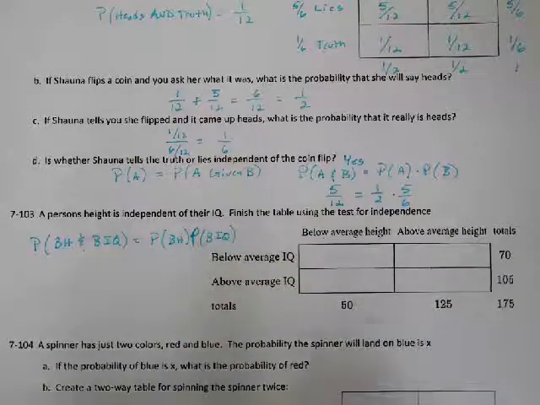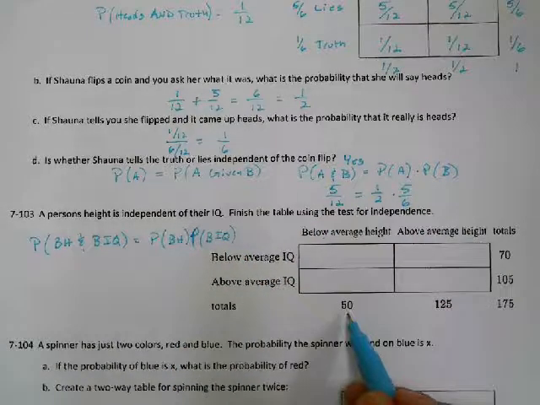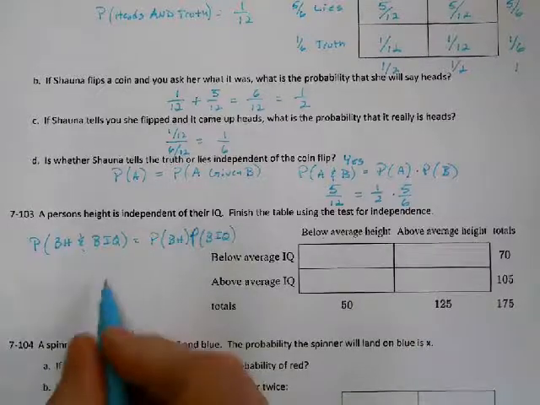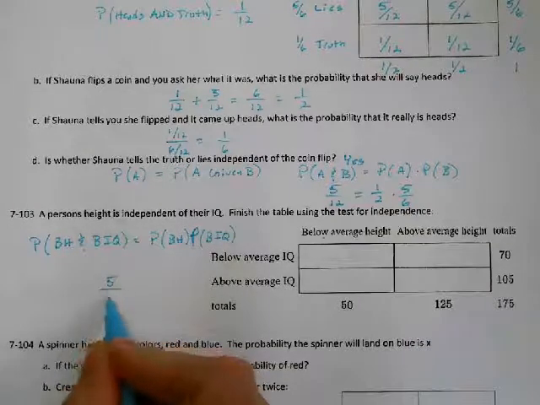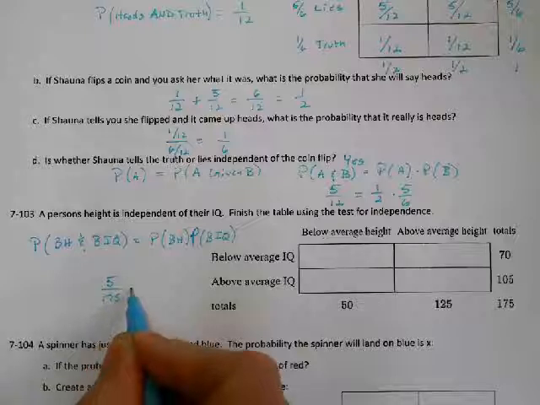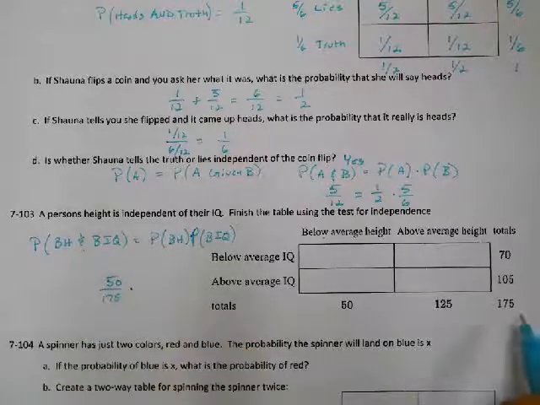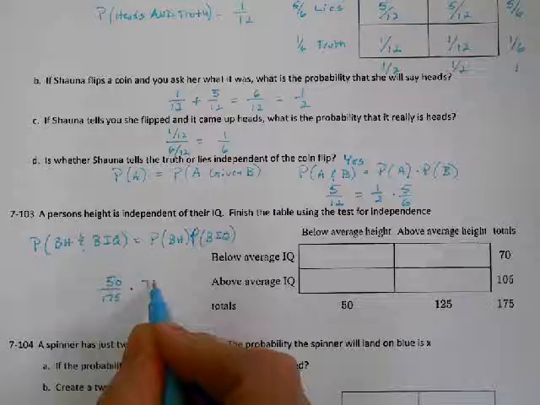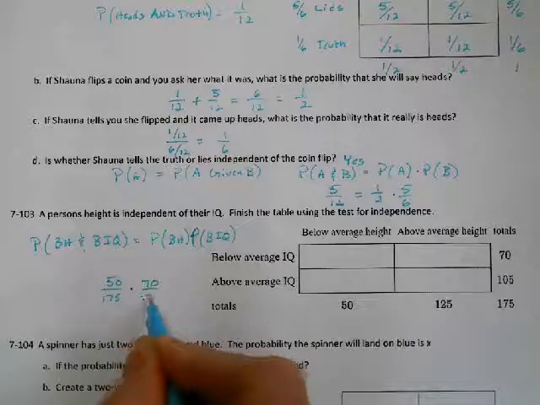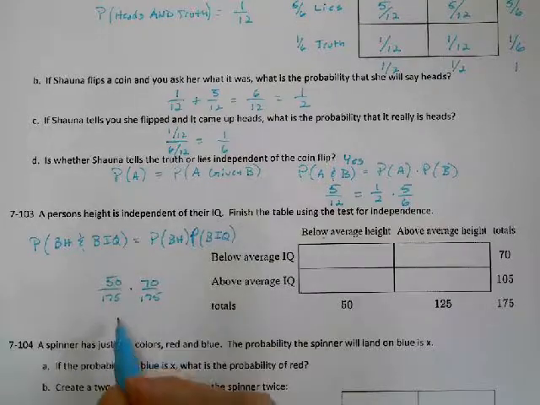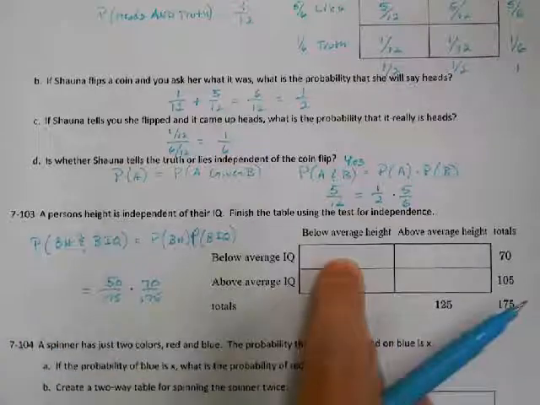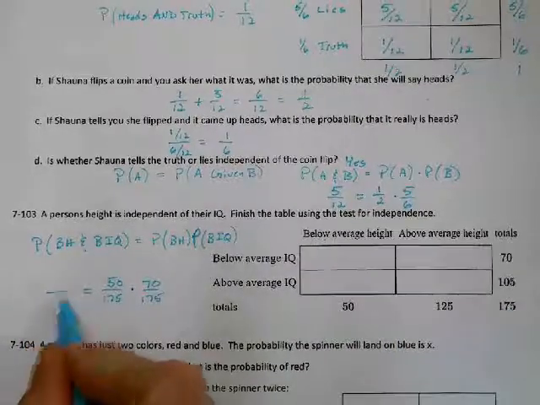So right here I see 50 out of 175. And then over here I've got 70 out of 175. So that should be equal to the probability of A and B, this probability here. And remember, this is going to be over 175.